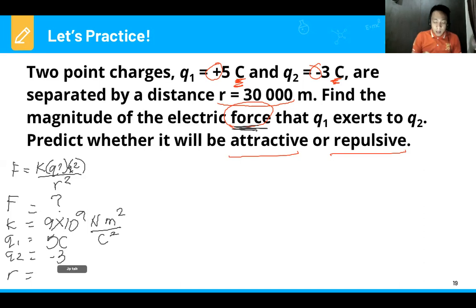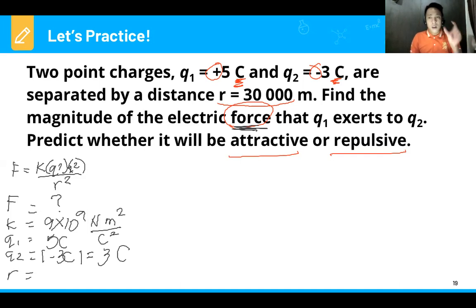Now, I just need to make this very clear. The negative sign here is not included. So instead of negative 3, I will find its absolute value. So I will use 3 C always. Negative or positive, it is not really affected in our formula.